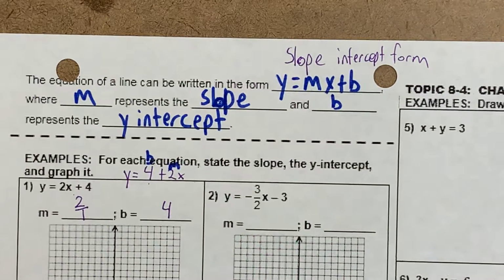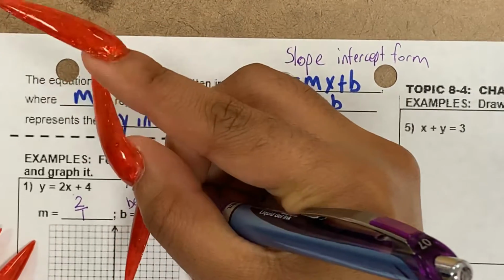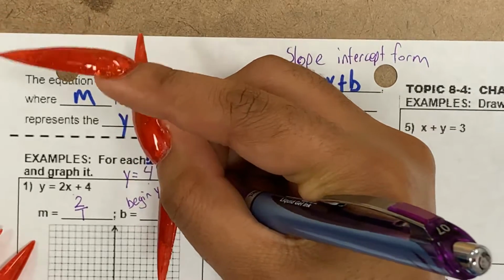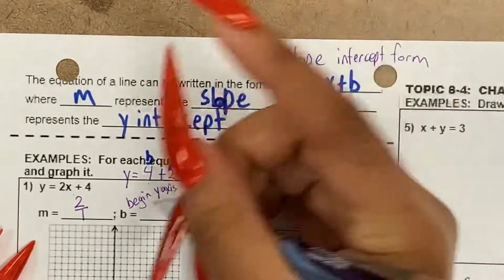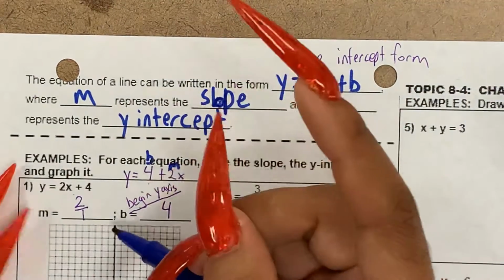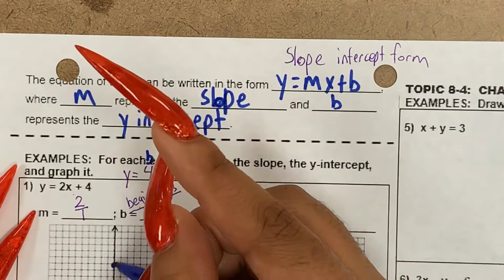So b, I like to think of b as where you begin on the y-axis. So I'm going to begin on the y-axis at 4. 1, 2, 3, 4.